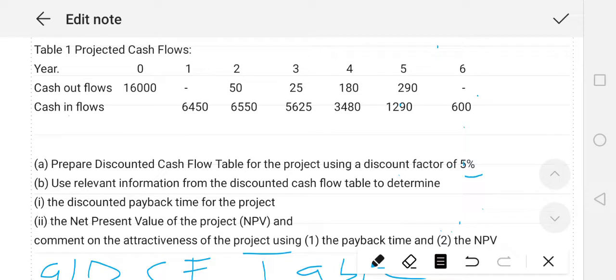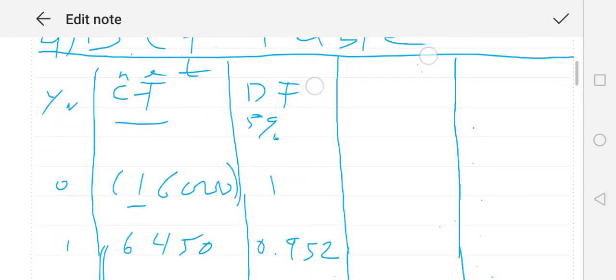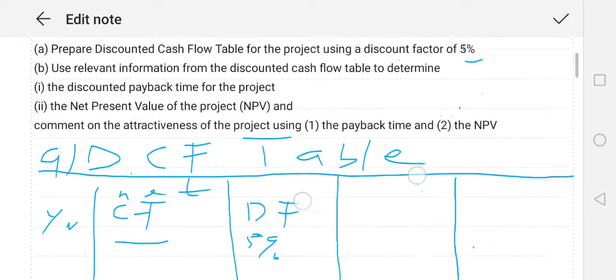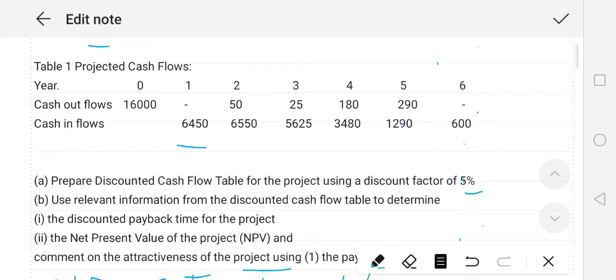We have no cash outflow, so we have only an inflow of 6,450. So when we come to the table at year 1, we put 6,450 there.